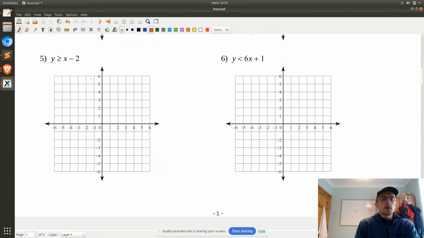Y is greater than or equal to x take 2. Okay, if y equals x take 2, then it's this line.